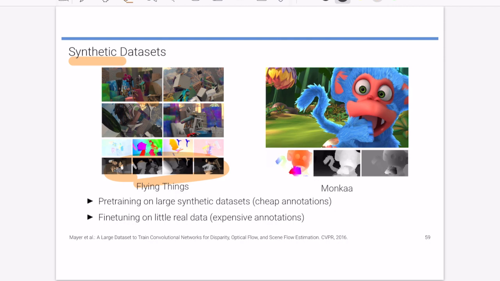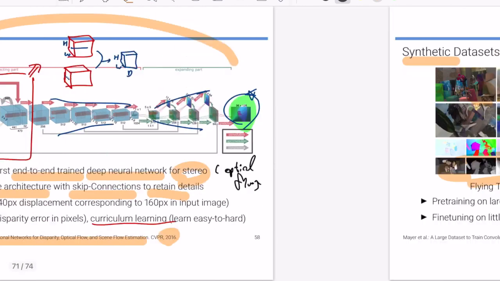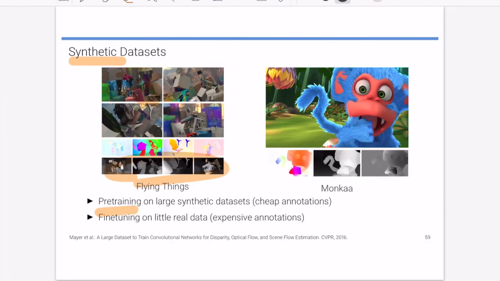So in this paradigm, they pre-train the model on a large synthetic dataset that is cheap to annotate, and just fine-tune on a small real dataset like KITTI, because it is very, very expensive to annotate. So this is the pre-training and fine-tuning paradigm in the stereo problem.